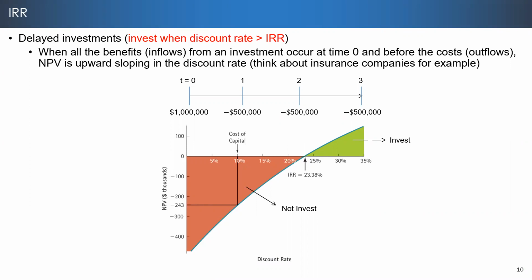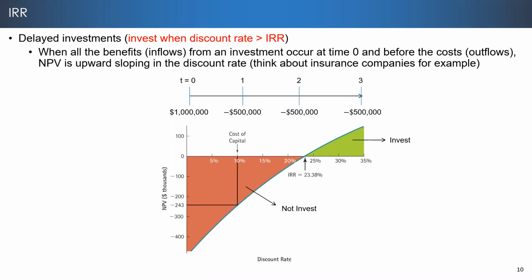You sell your policies first, receive your positive cash flow in the beginning, and then you pay out money to the policyholders to reimburse their traffic accident costs. This is quite an opposite cash flow pattern to the normal, regular ones that we are familiar with.